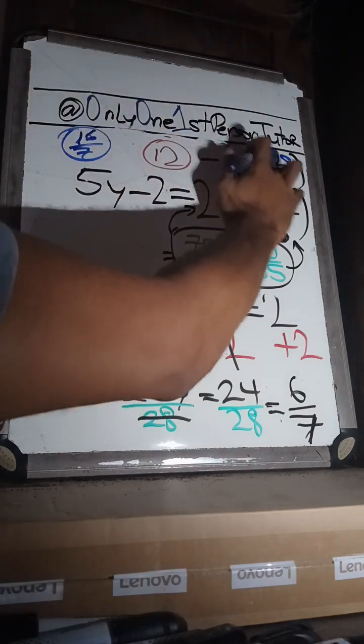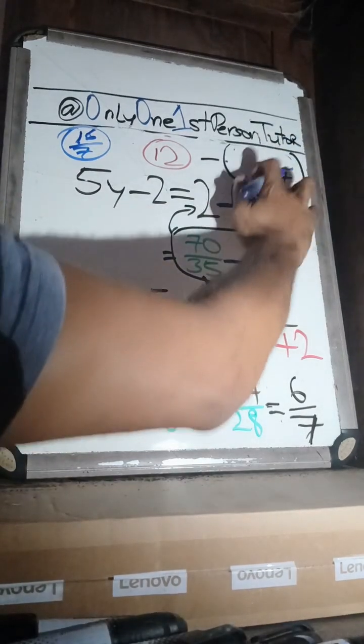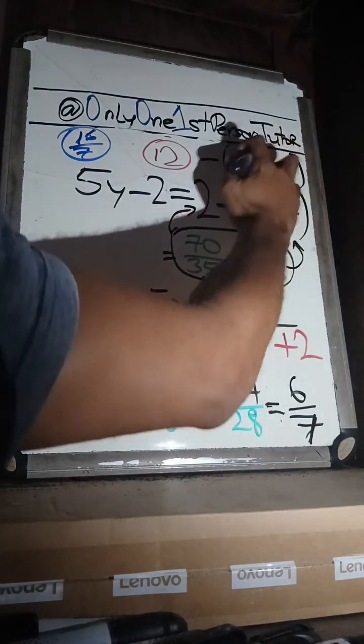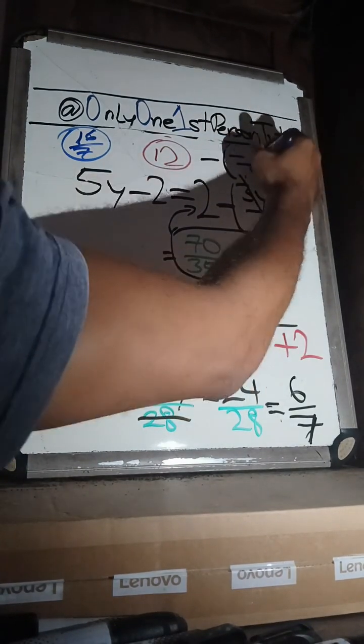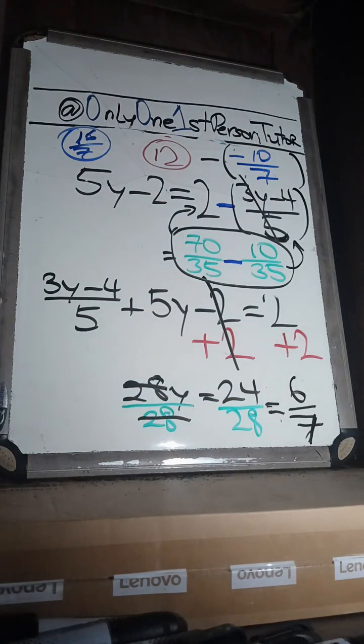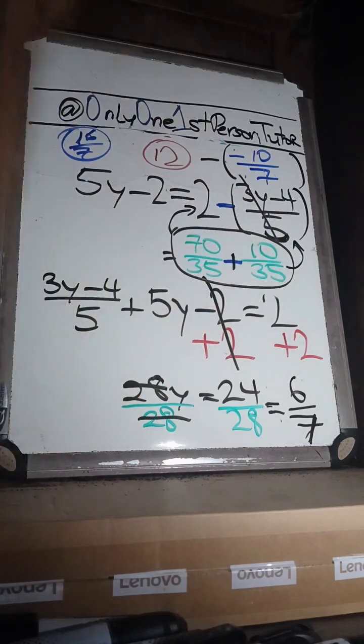So therefore this would have been minus 10 over 7. Yeah, the proof is kind of crazy, right? So therefore the inside here would have been a plus. That's what would have happened. That's what we'd get.